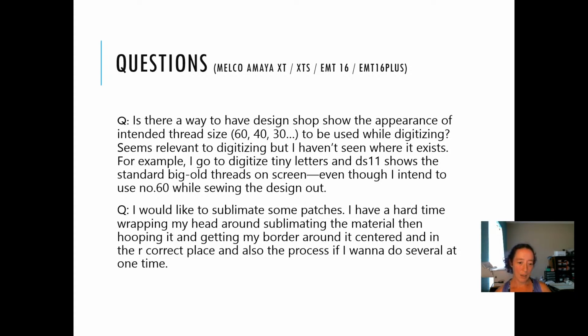Let's see. Oh, Sandy, let me go look at your question, see if I missed it or I'm scrolling. I'm sorry, I thought I didn't miss any. Sandy, yours was the sublimating question. Oh, the one about the thread color not changing.